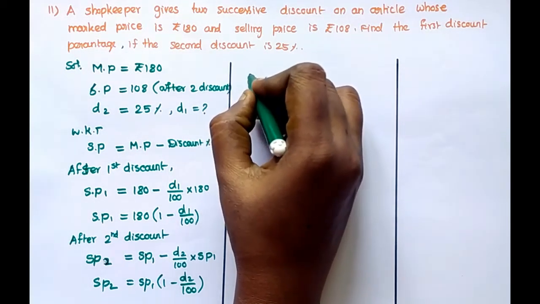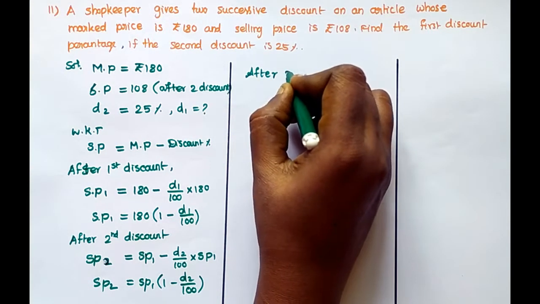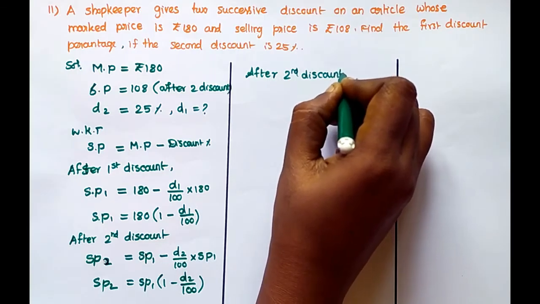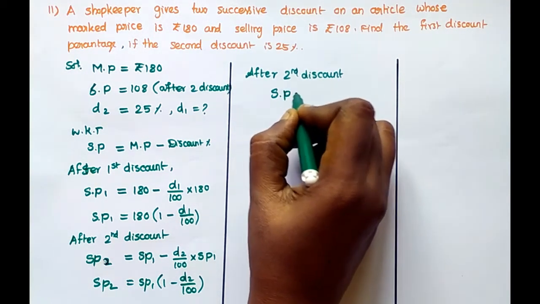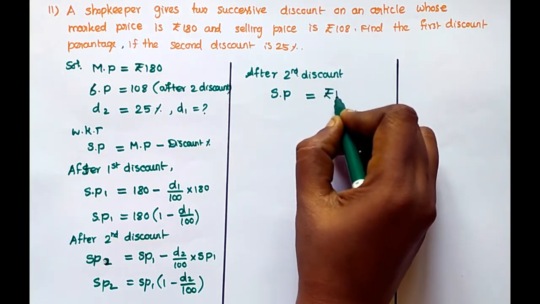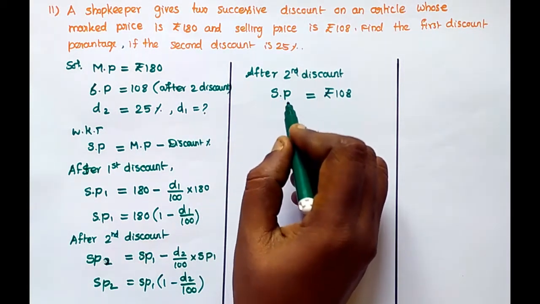Listen, after the second discount, selling price is, what is that? Rupees 108. They have given, no? Selling price is what first?